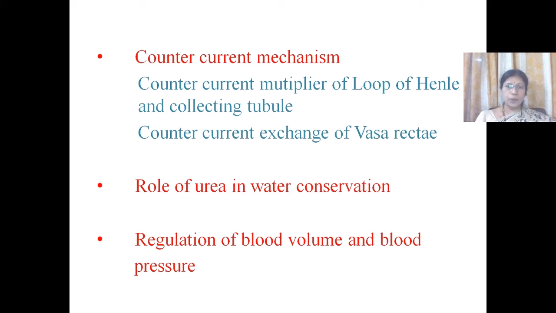A human being produces urine of about 900 to 1200 milliosmoles per liter, as against his normal plasma concentration of about 300 milliosmoles per liter.